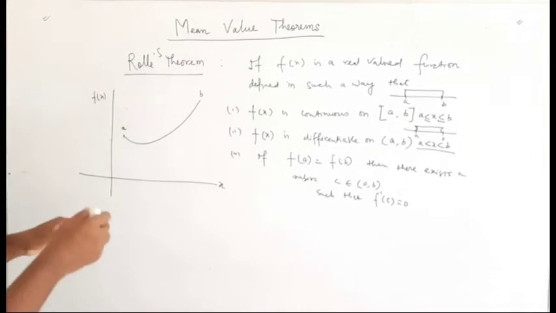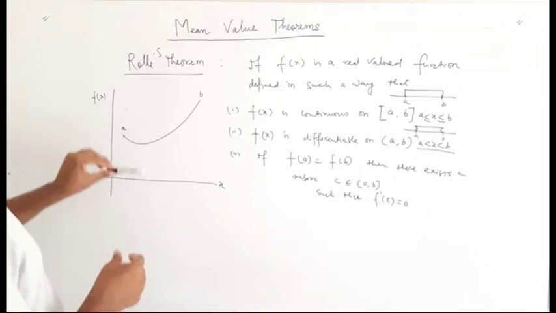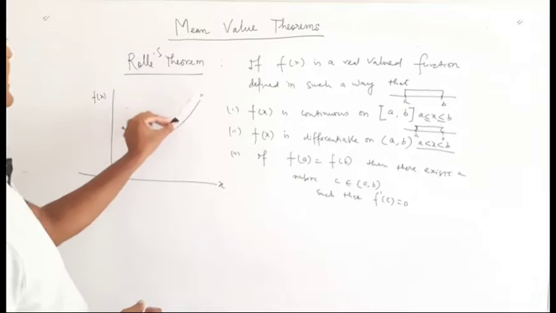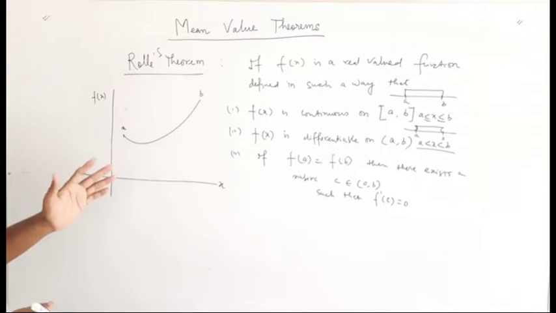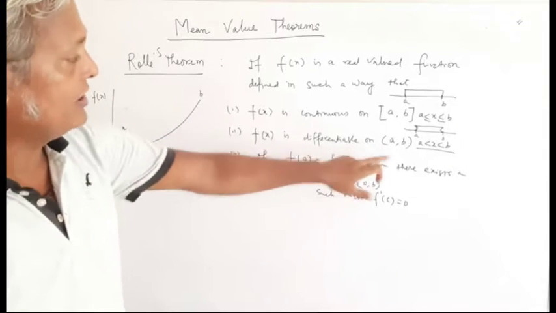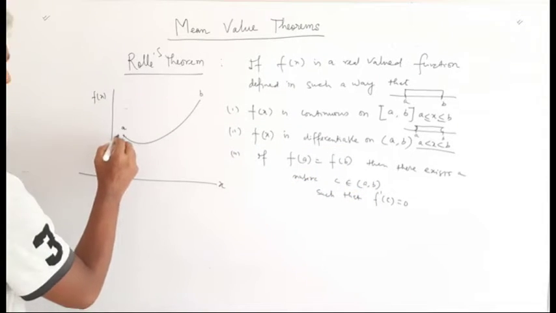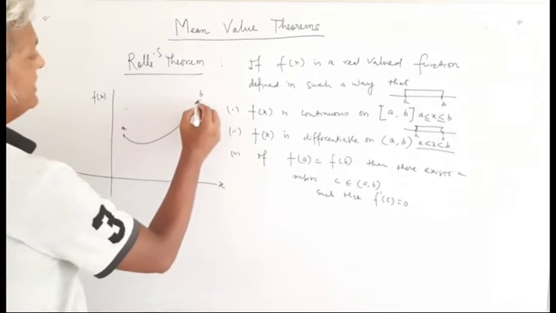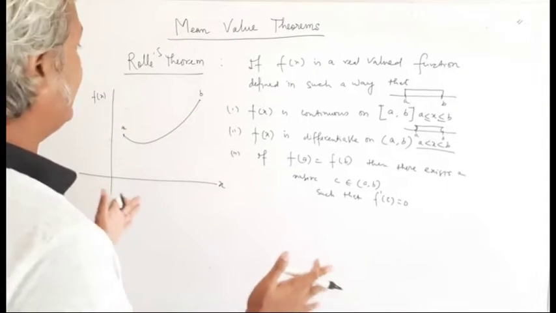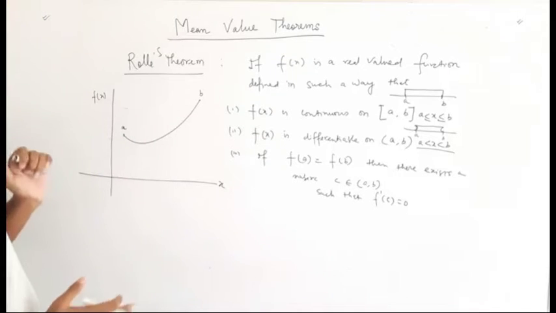Graphically, you should be able to plot a tangent at each and every point between a and b. We are not including a, because here the left hand differentiation is not possible, and at b the right hand differentiation is not possible, because the function is only defined in the domain of a and b.